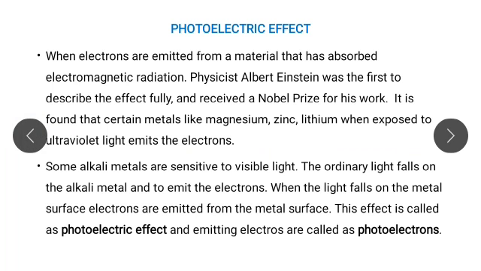are emitted. That means here it is observed that when light of suitable frequency is incident on a metal surface, electrons are emitted, and therefore that effect is known as the photoelectric effect.